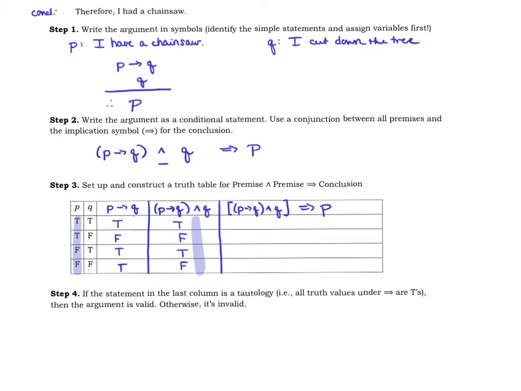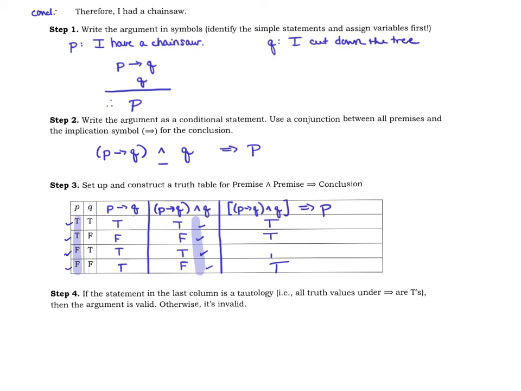Okay, so the if part in our columns here is on the right. All right, so does true imply true? Yes, it does. Does false imply true? Yes, it does. Does true imply false? No, it does not. Does false imply false? Yes, it does.